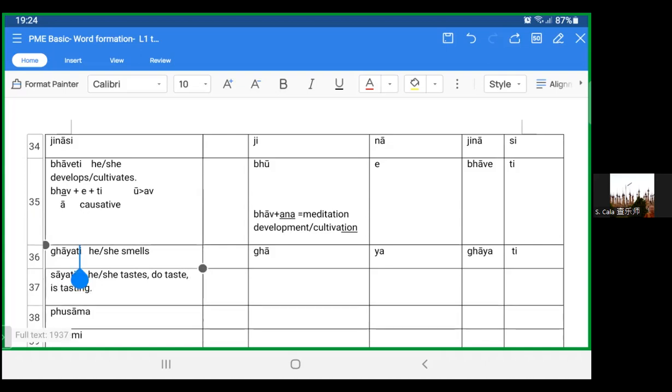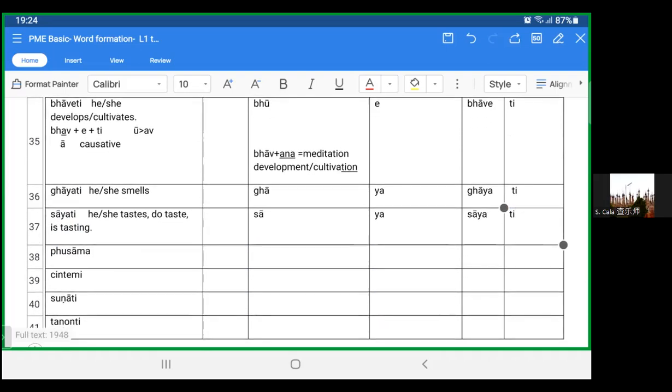All right, so very easy. What's the root here? These roots are very easy to guess. What is the possible root here? Sa. So the conjugation sign is ya, becomes saya, and becomes ti. All right, easy.